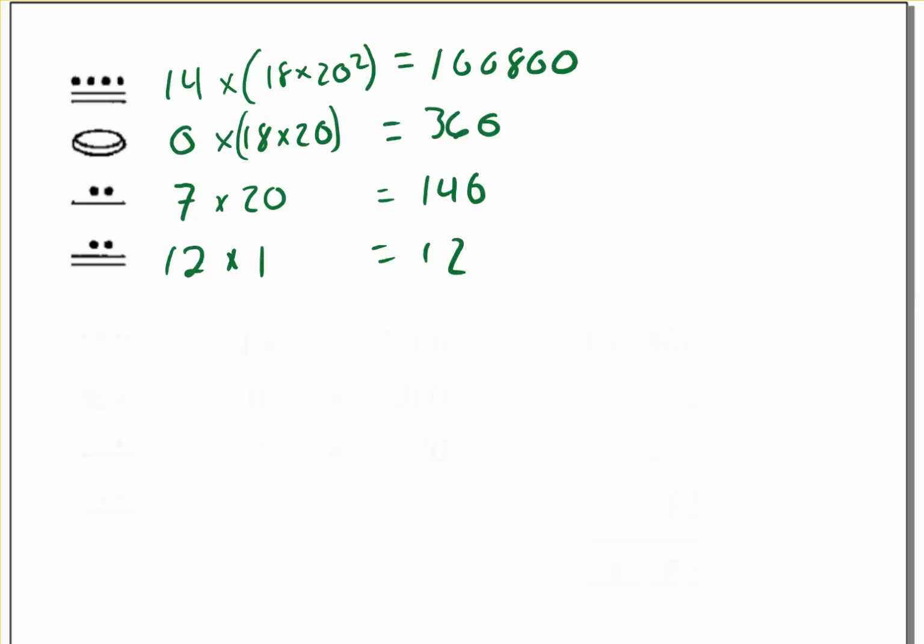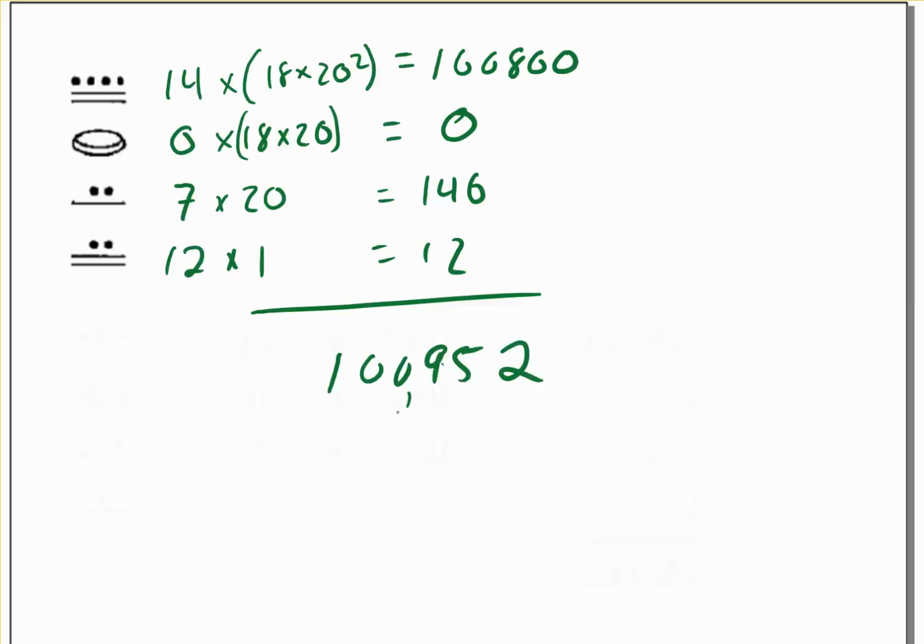So we do that multiplication, got to have a calculator. 14 times 18 times 20 squared is 100,800. Nope, that's not 360, that's going to be a 0. 140 and 12. And we should get 1,952. There it is. 100,952.